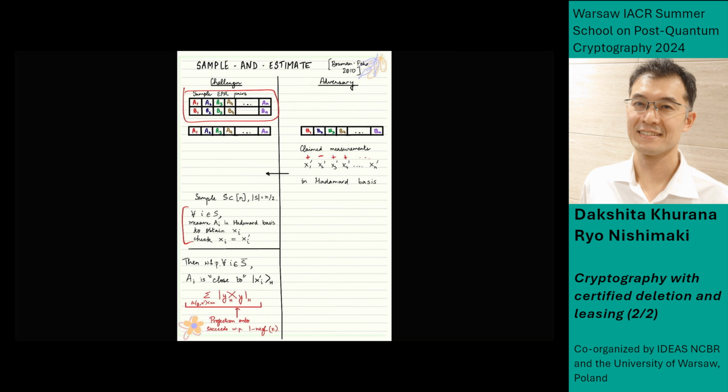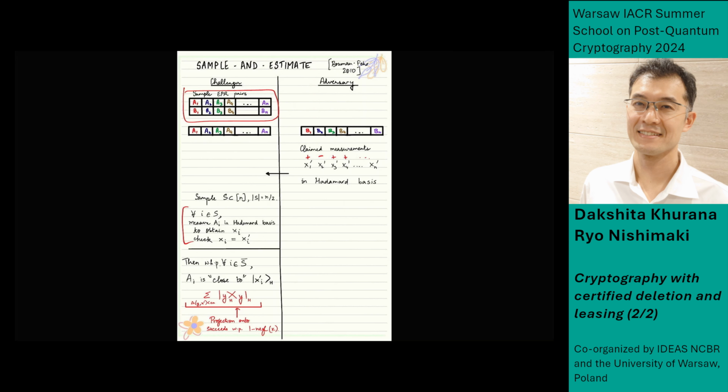This is essentially the same as the verification algorithm of the certificate. Then with high probability, for all i not in S, so the complement of S, A_i is close to x_i prime encoded in the Hadamard basis. I believe this notation, ket subscript H, means the information is encoded in the Hadamard basis, right, James?